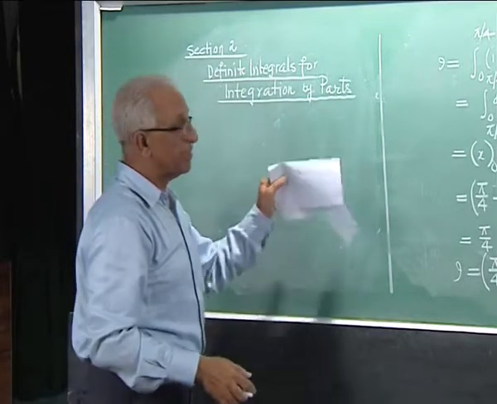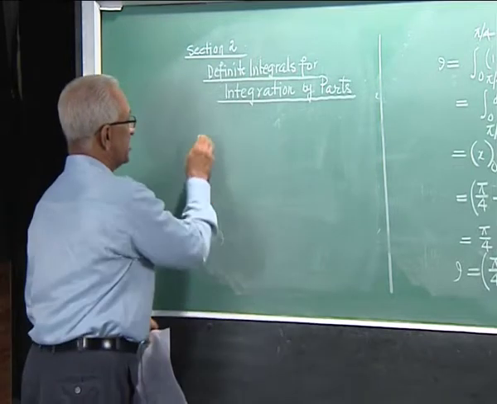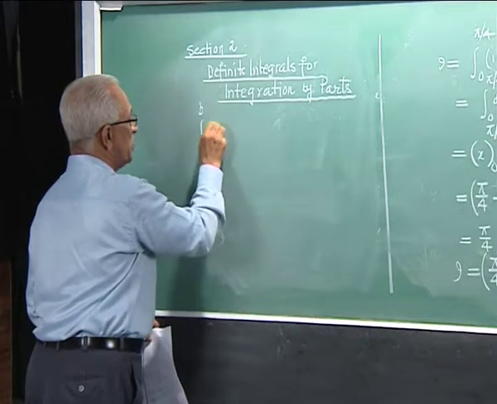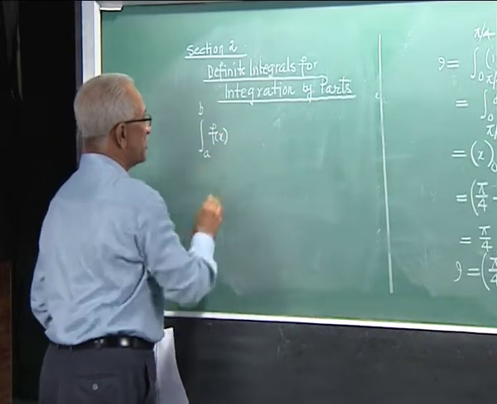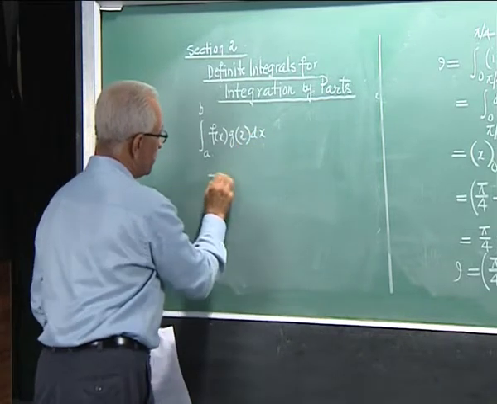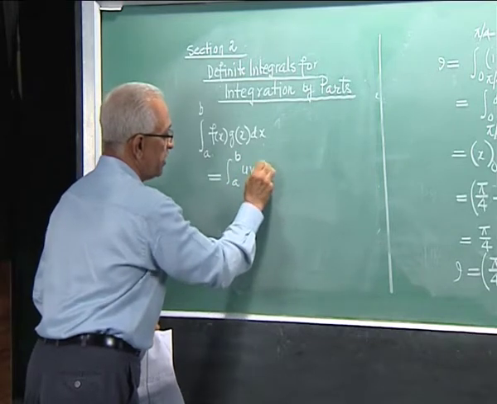But before we take up any question, I'll show you the formula. The formula remains the same: the integral from a to b of the product of two functions f(x) into g(x) dx, which we used to write, if you recall, as the integral from a to b of u into v dx.